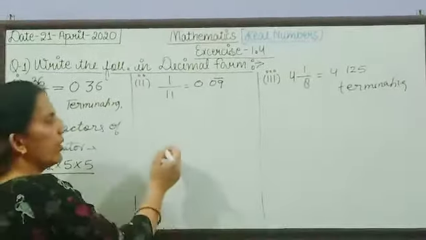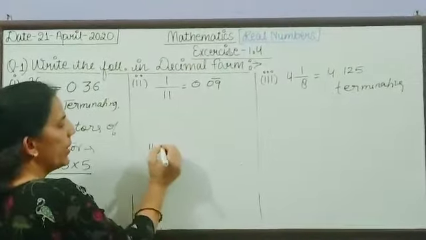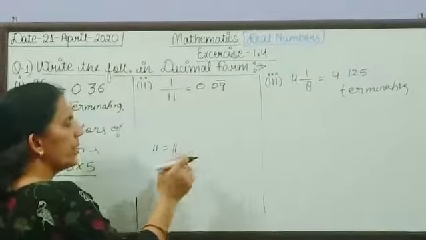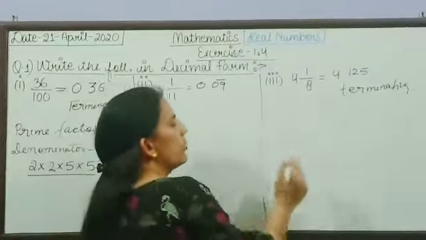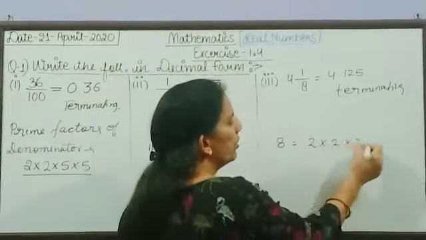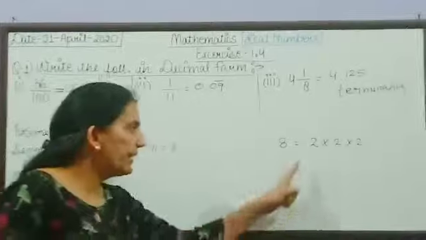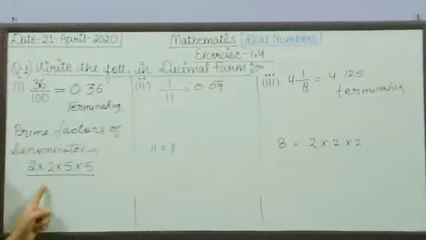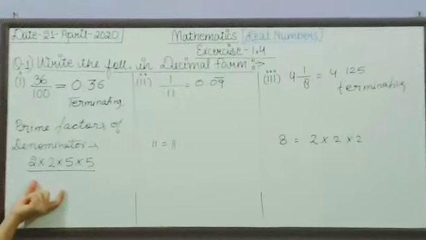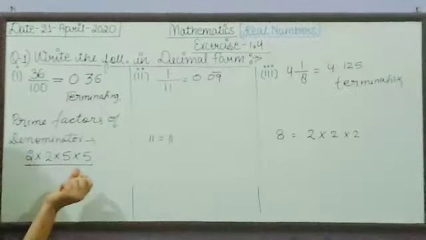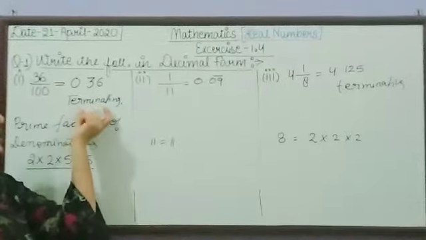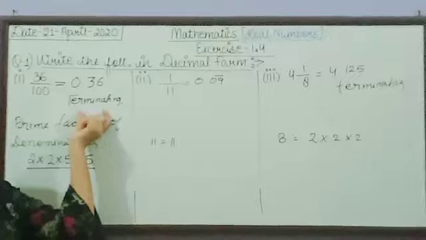Now the prime factors of 11 will be 11 only. 11 into 1, nothing else. So 1 is not prime, therefore 11 only. Come to this part, 8. Its prime factors are 2 into 2 into 2. So by these examples, you will get to know that if the denominator is in the form of the prime factors 2 and 5 only, then it will be a terminating decimal expansion.